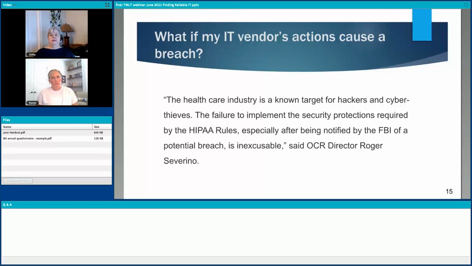Then when a situation occurs and data retrieval from a backup system is required, several times we have worked with practices where the IT vendor set that up incorrectly, and therefore the actual data was not available. We always encourage you to do a test restore from backup every year at a minimum, because you want to have proof that that backup system is working.